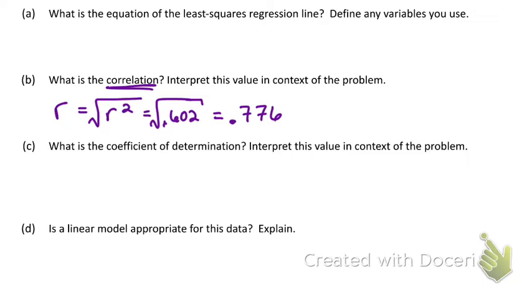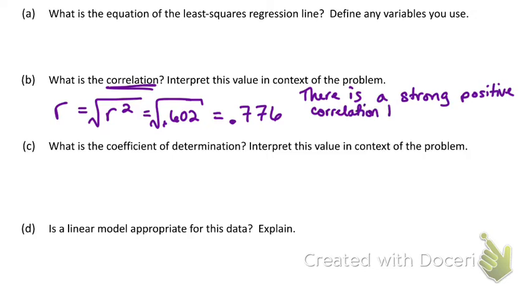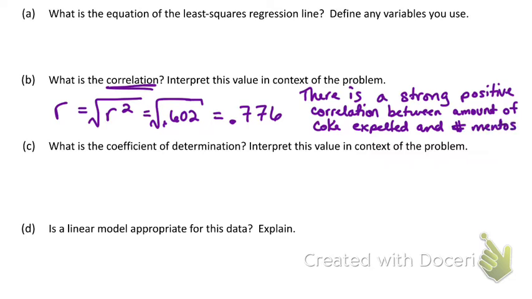All right, so here's what we know. We know that there is a strong positive correlation between amount of Coke expelled and number of Mentos used.